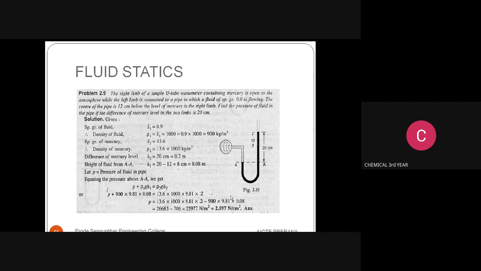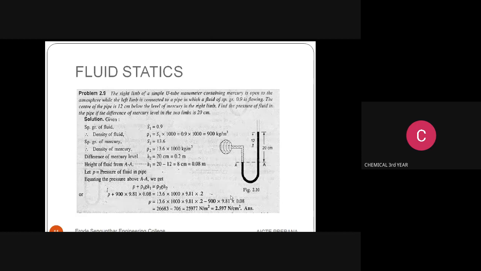So here, this is an estimation of pressure related problem, right? The right limb of a simple U-tube manometer containing mercury is open to the atmosphere, while the left limb is connected to a pipe in which a fluid of specific gravity 0.9 is flowing.